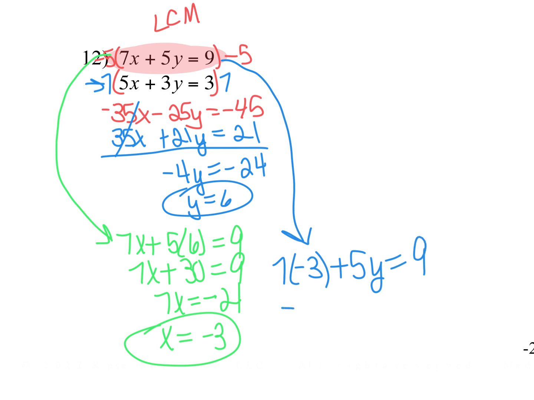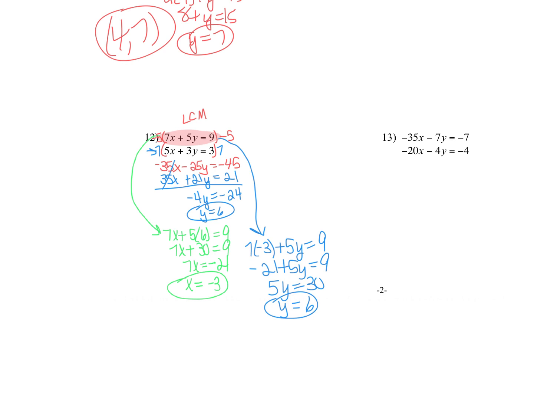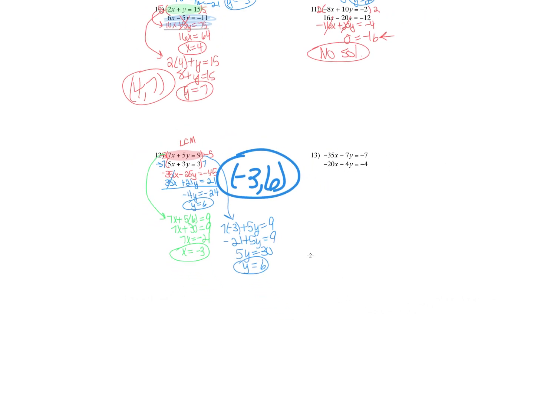Okay, I got -21 plus 5y equals 9. If I add 21 to both sides, I get 5y equals 30, and my y value is going to equal 6. Just make sure you're paying attention to which variable you find first. So my solution is -3, 6.